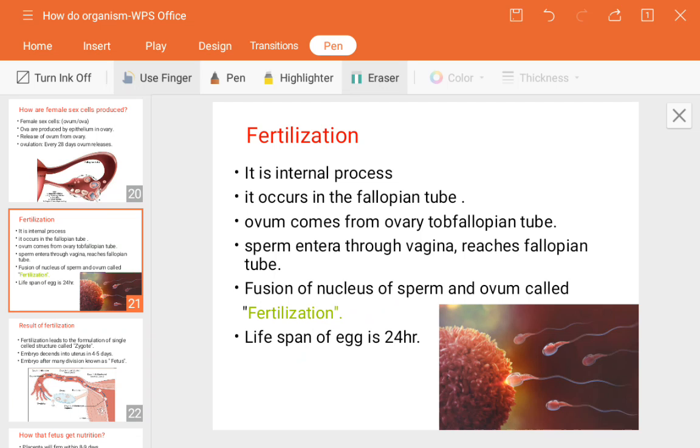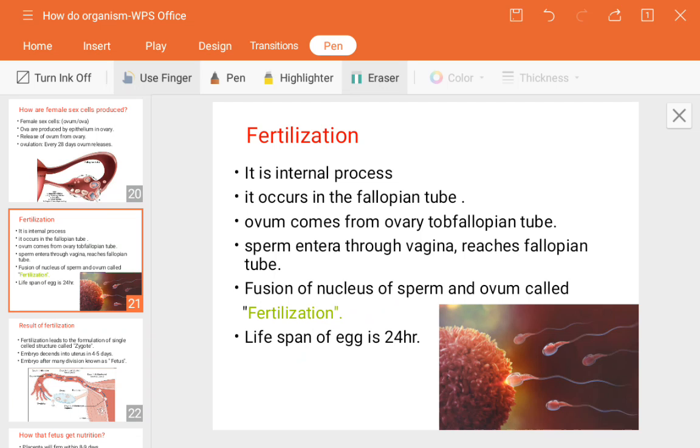At a time, only a single sperm can fuse with a single egg. Nearly 12 million sperms are produced in the male reproductive system every month, but out of them only 200 can survive in the female reproductive system.